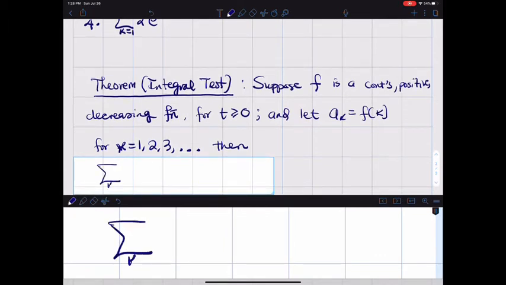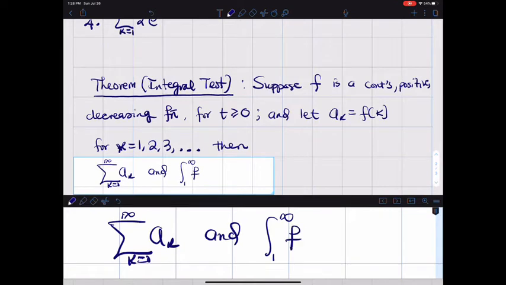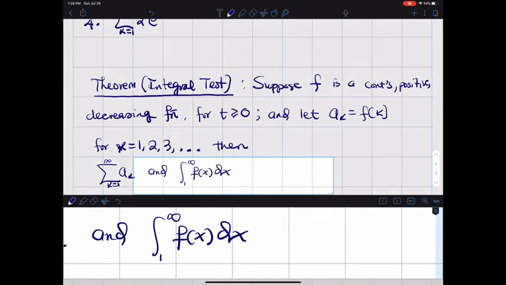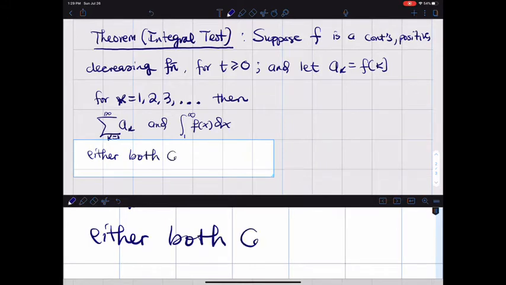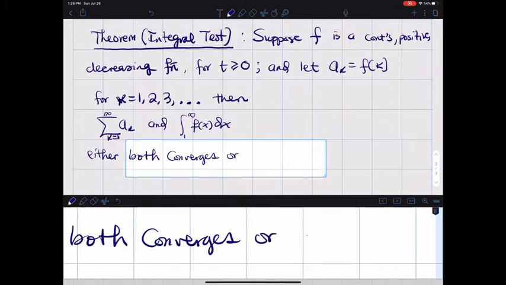Then the series, k from 1 to infinity of ak, and the integral from 1 to infinity of f of x dx, either both converge or both diverge.